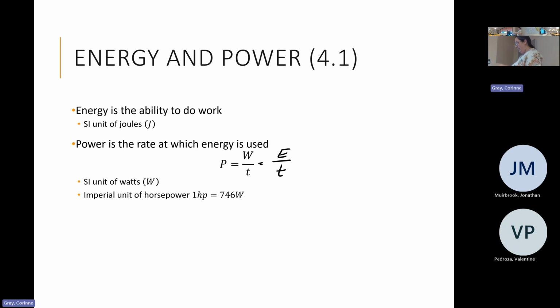So if I look at my units here for power, it's going to be in watts, which is a joule per second. If I want to take that watt and have it related to an energy, what I would need to do is energy is equal to power multiplied by time. So for the units, I would have watts multiplied by some amount of time.